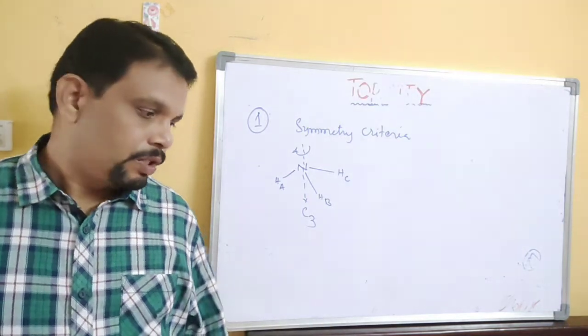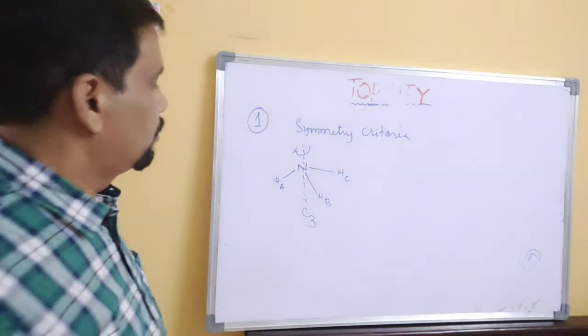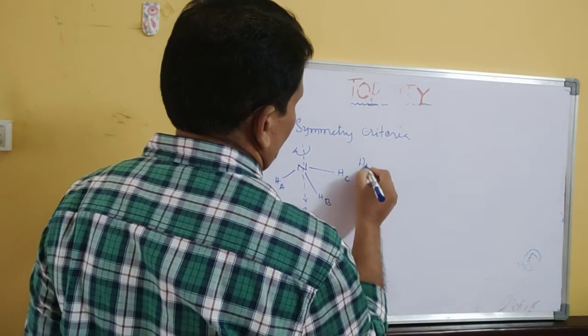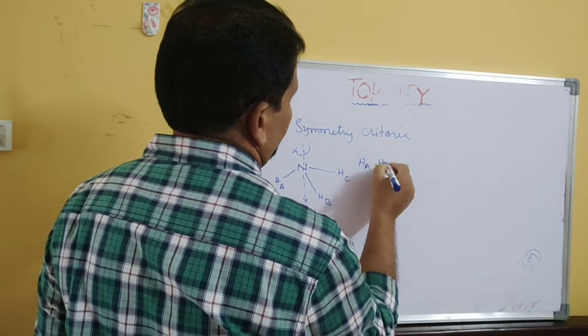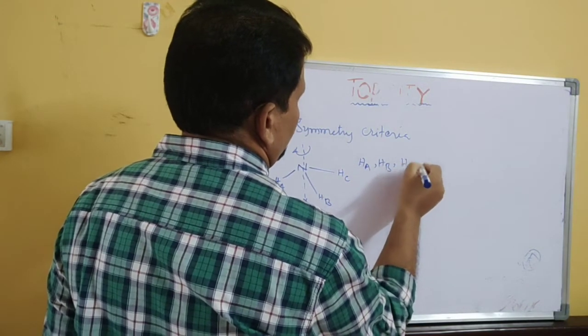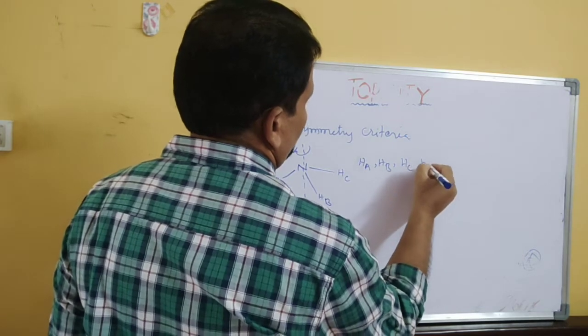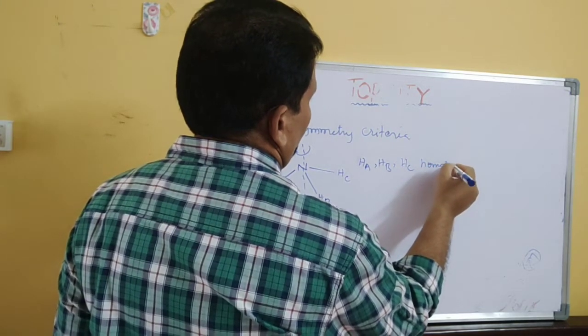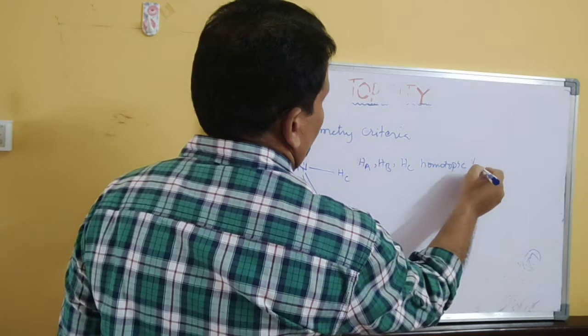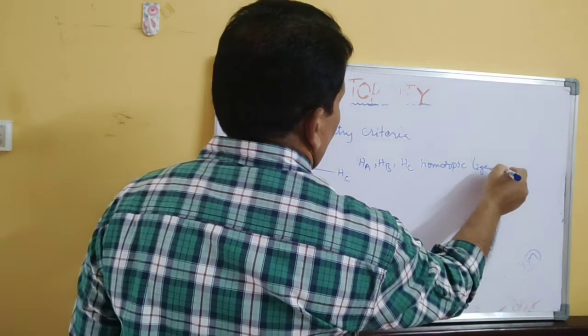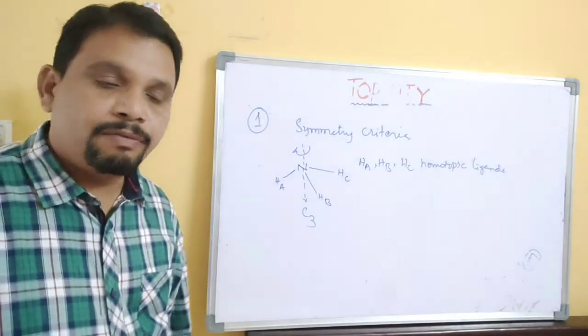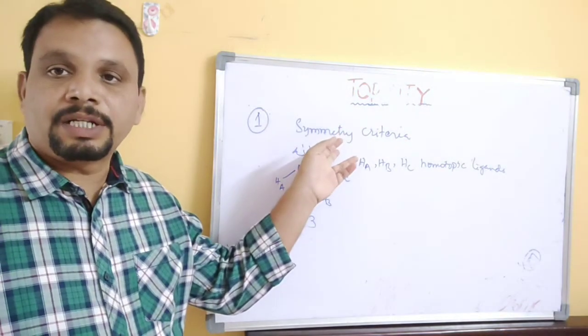So therefore these HA, HB and HC are homotopic ligands. How do we find out? Due to symmetry criteria.